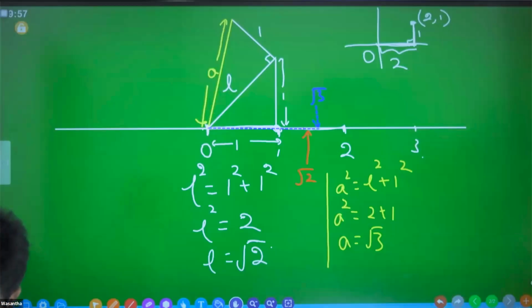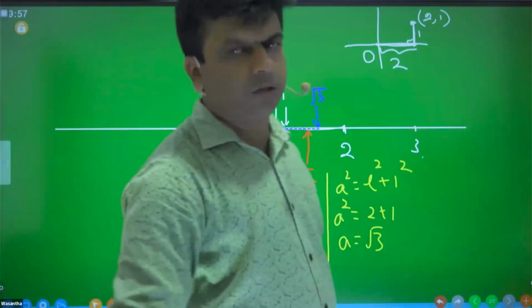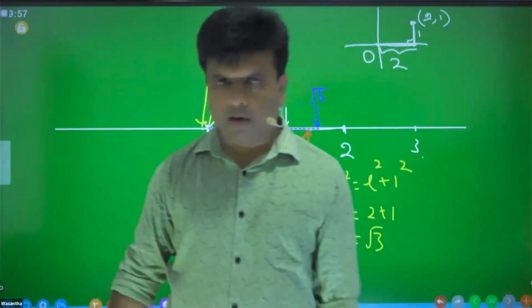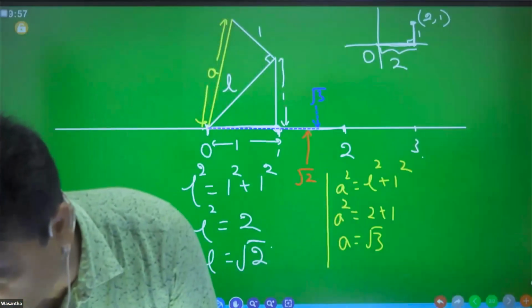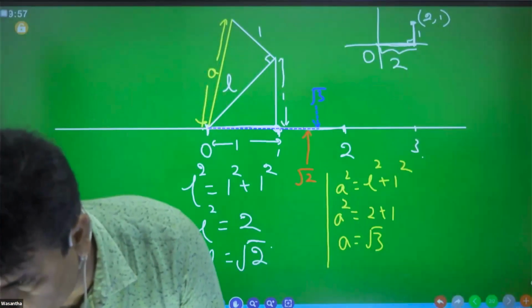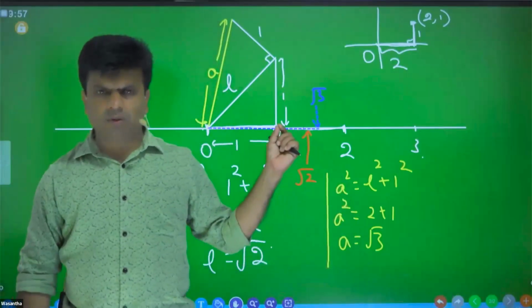Okay, then write down properties of real numbers. We didn't do that part, right? Please reply me soon. Properties of real numbers. We stopped at representing numbers on the number line.